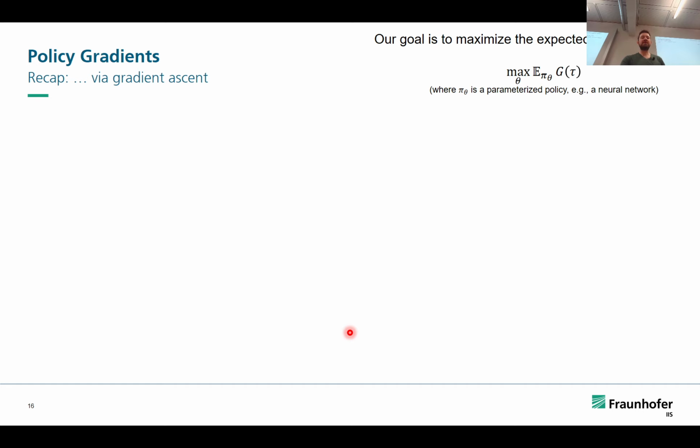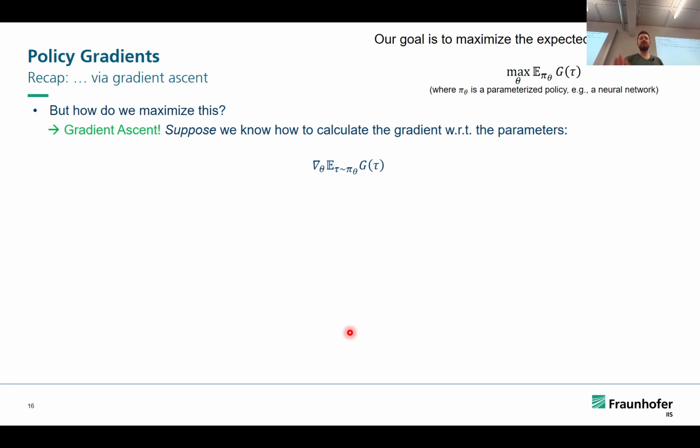Then how do we actually train these algorithms? The typical go-to method is just to do gradient ascent. So we again want to maximize this expected reward of our policy, and assume that you basically are able to compute the gradient of this objective, which for classical neural networks is typically possible with backpropagation.